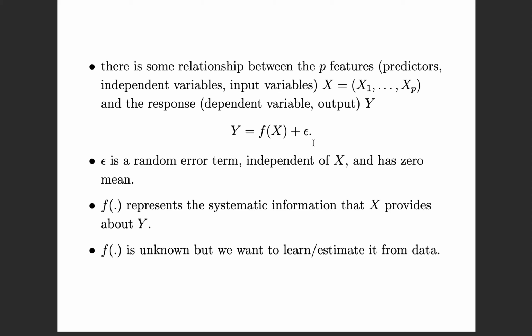Epsilon is just some random noise, and it basically captures anything that x cannot tell us about y.